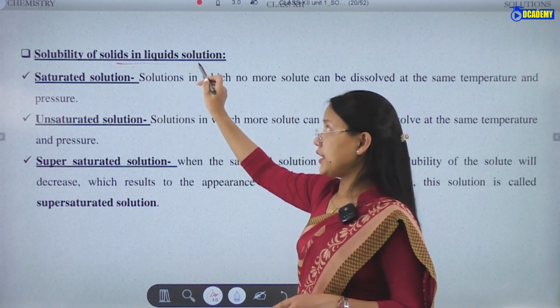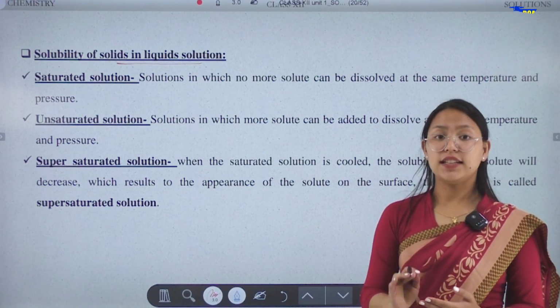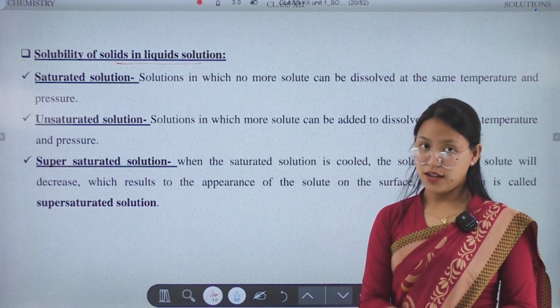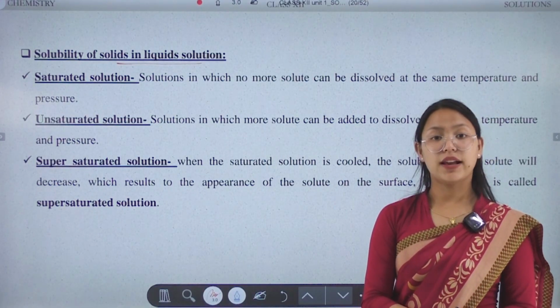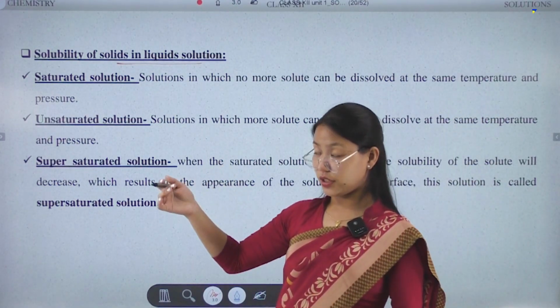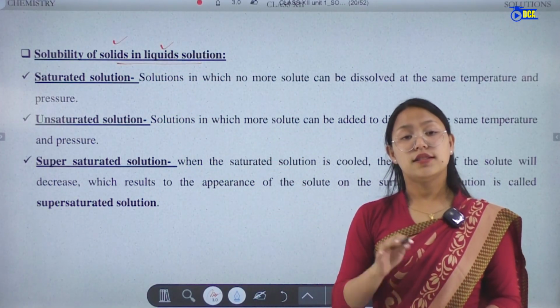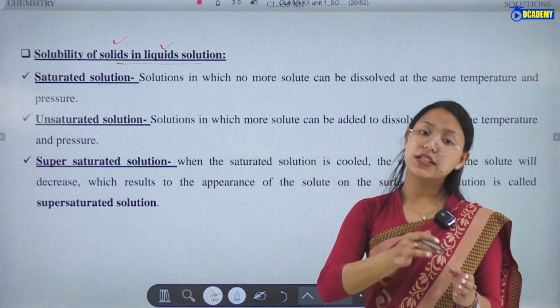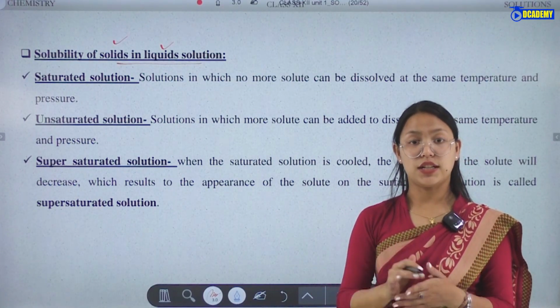Solubility of solids in liquid solutions. Saturated solution, unsaturated solution or non-saturated. That means when a solid is added to a liquid and more solid can still be dissolved, it is still unsaturated.